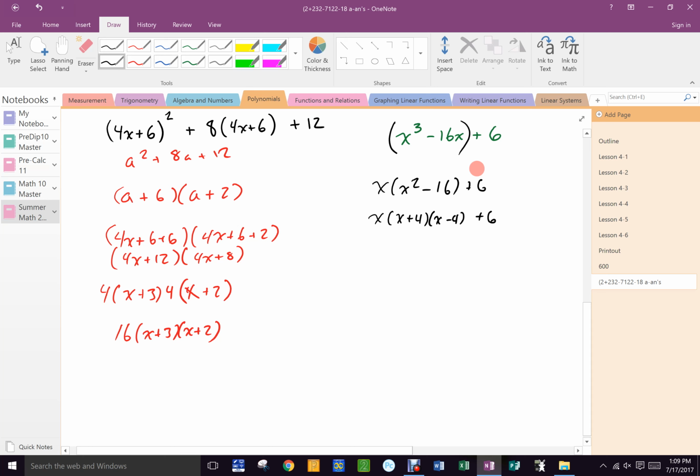Okay, the bell is about to ring. You have your interim reports. I do not know if the principals care if I make you bring them back or not. Here's the thing. You're going to go home, let your parents look at them if you want or not. And if you didn't want your parents to see it and I say you're going to bring it back tomorrow, you're going to fake the signature on it anyway.